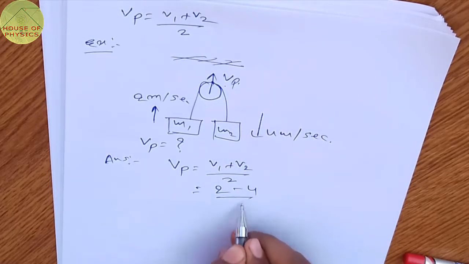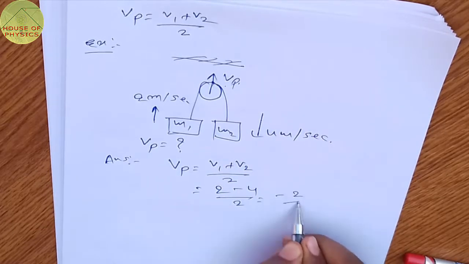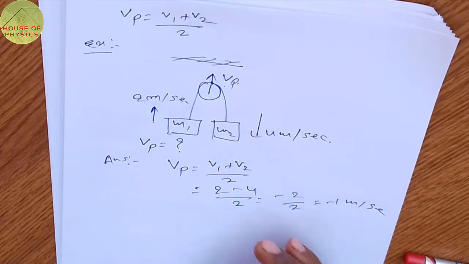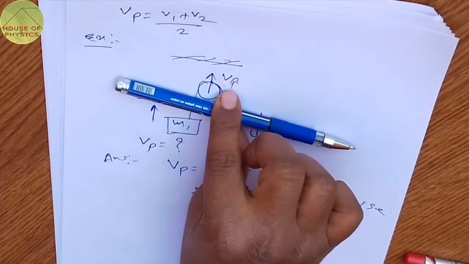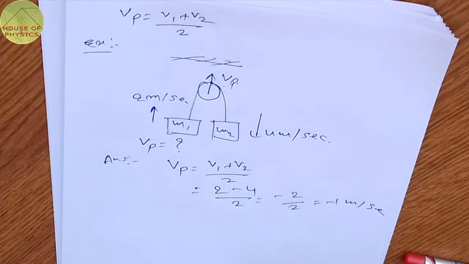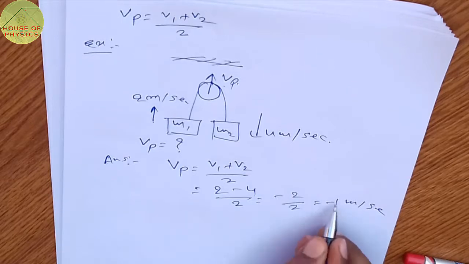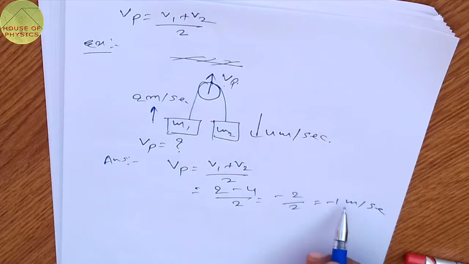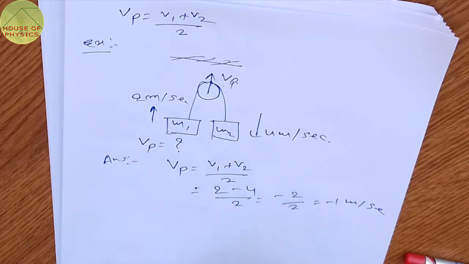So this is minus 4 by 2, equal to minus 2 by 2, equal to minus 1 meter per second. What is this minus 1 showing? It shows that the pulley is moving in the downward direction. As we pre-assumed that minus is downward, this minus 1 indicates that the velocity of the pulley is 1 meter per second in the downward direction.